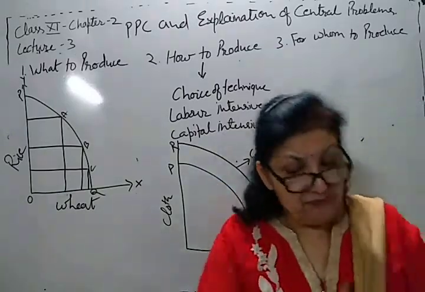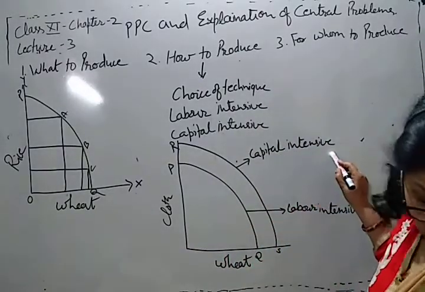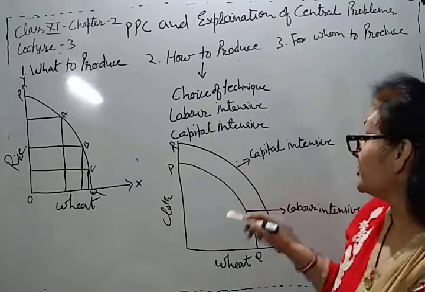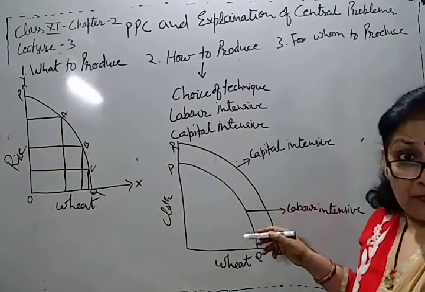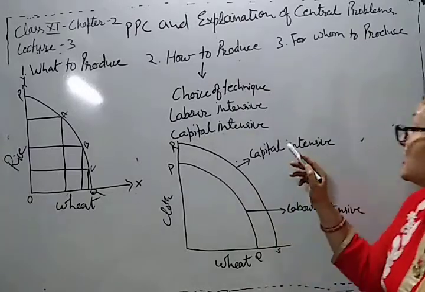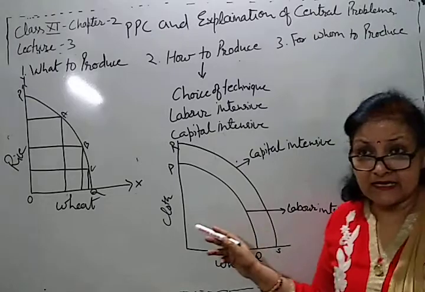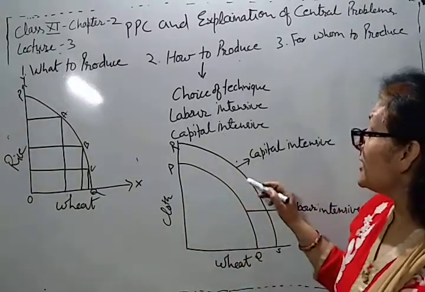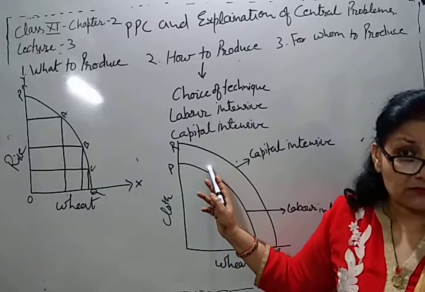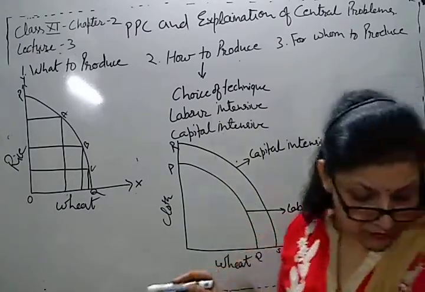But if we use capital intensive technology, then you can see with the same resources, only using capital intensive technology, we can increase the production. It increases GDP growth, but at the cost of unemployment.